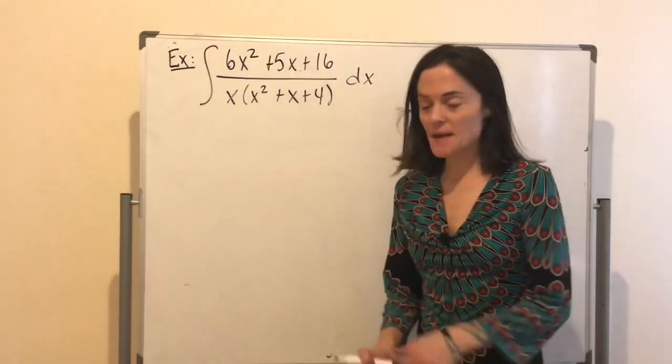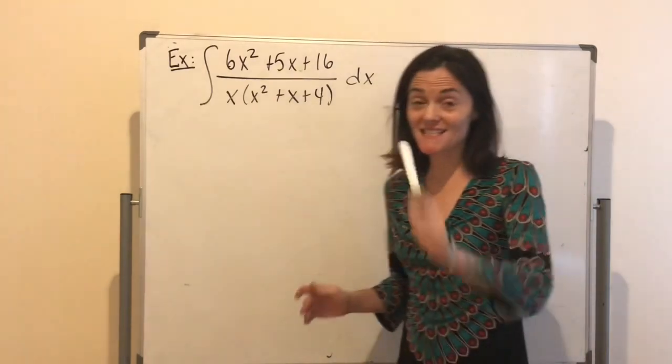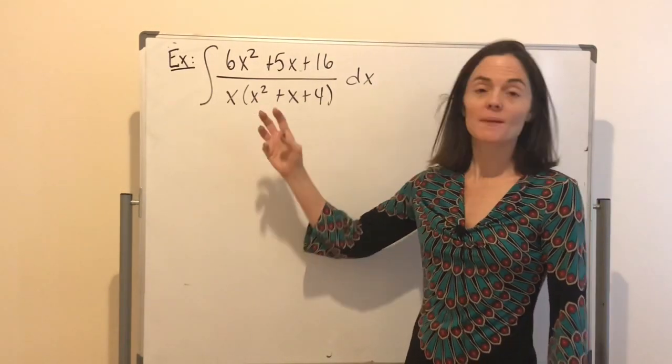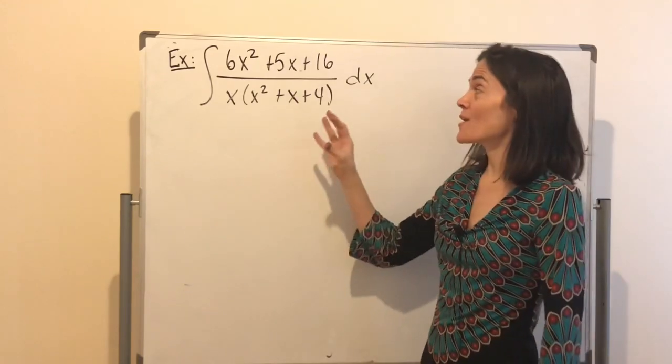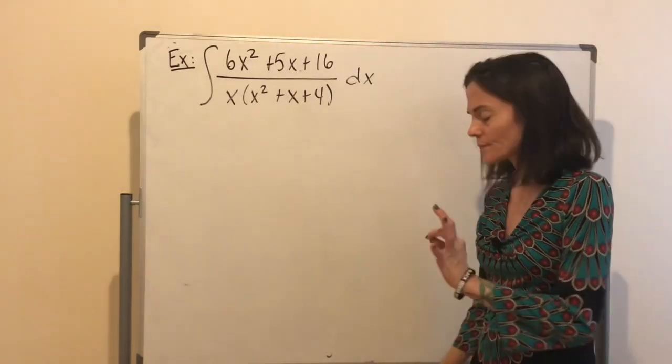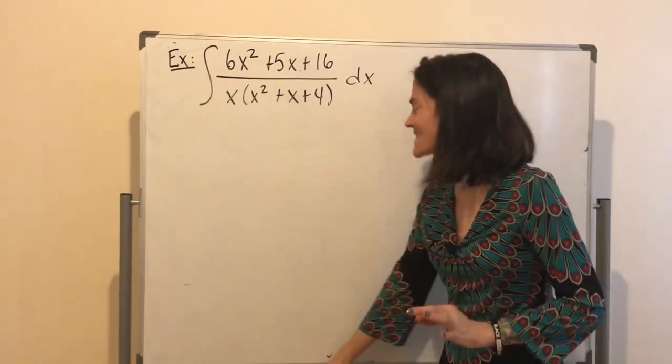Here's another example. Again, just to check, to make sure we can do this one, you notice the degree of the denominator is 3. The degree of the numerator is 2, which is less than 3. So this is something that we are prepared to do partial fractions.